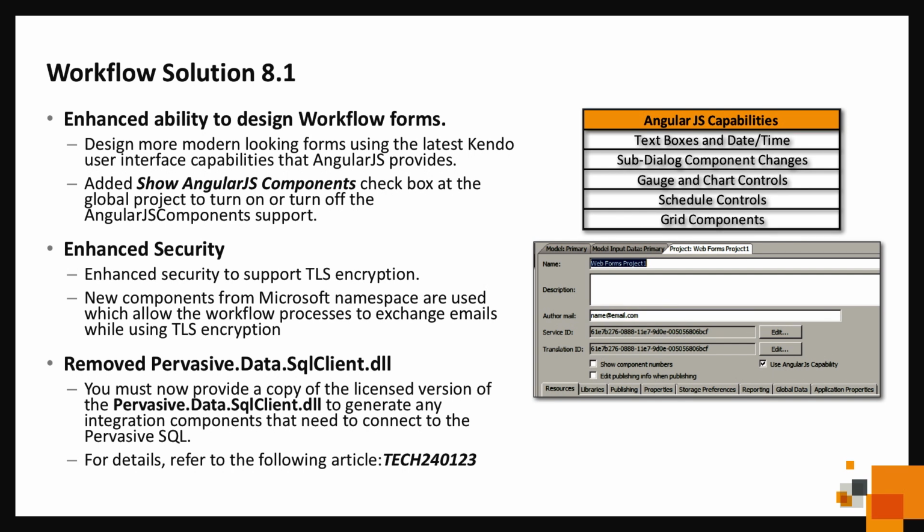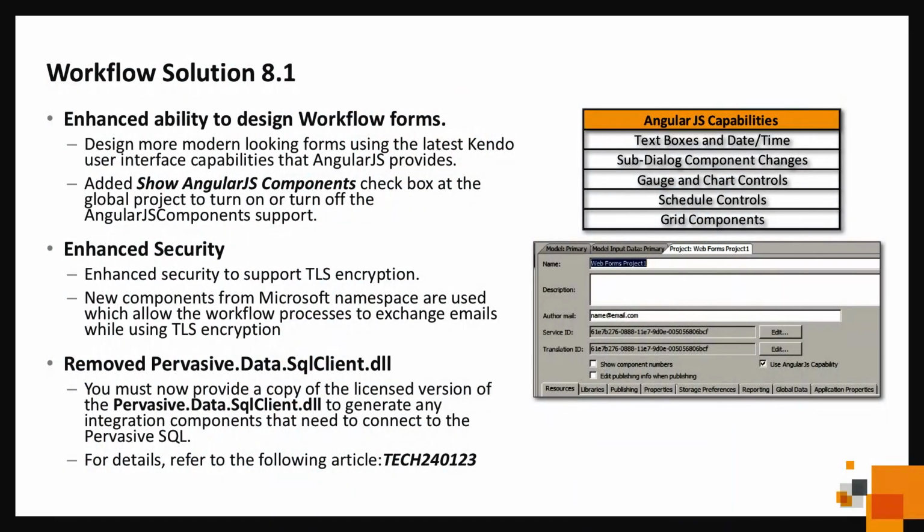So if you are using those, understand that you must provide a real license now. So in the past, you didn't have to worry about that. It needs to be added to your workflow instance to actually use now. Okay. So for more information, go to tech, big one here, 240123. I didn't make that up. Okay, so if you are using those components, just make sure you know that in the future, you're going to have to provide a licensed version of it. Okay.